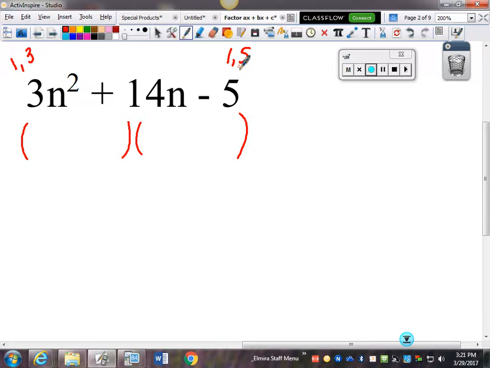And I've got n and n. The sign here is a minus sign that tells me my signs are different. And now I just start plugging in numbers to see which combination works. In other words, I'm going to put 1s or 3s in front of my n's to make the 3n squared, and I'm going to use 1s and 5s as the second term of my binomials to try to make that minus 5 at the end.